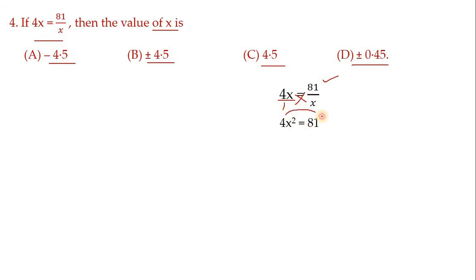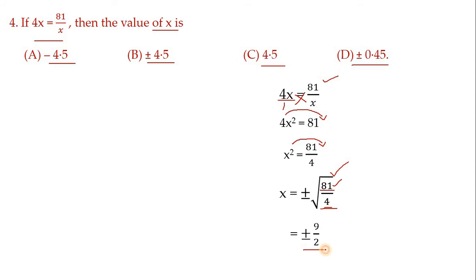Now transfer this 4 to this side. We get 81 by 4. And now transfer this square. We get root 81 by 4. Now this root is present for both numerator as well as denominator. Root 81 means 9 and root 4 means 2.